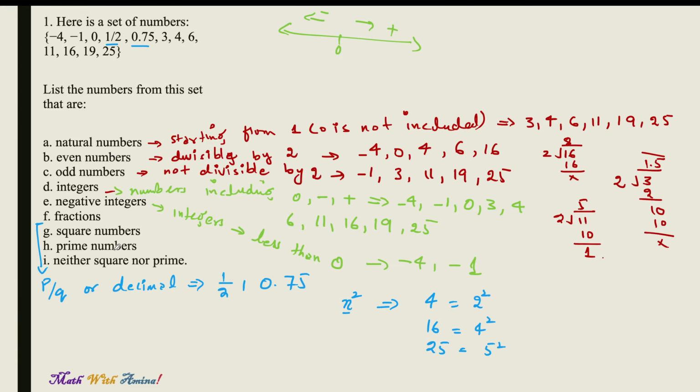Next, we are having prime numbers. Prime numbers are those numbers that are greater than 1 and have exactly 2 factors: 1 and the number itself.